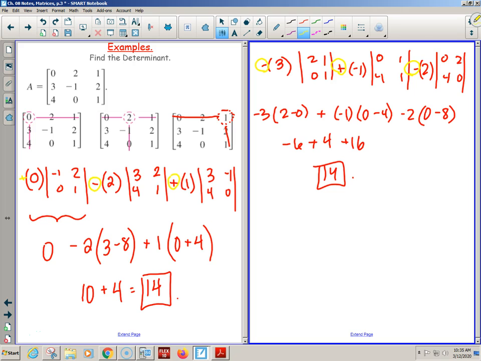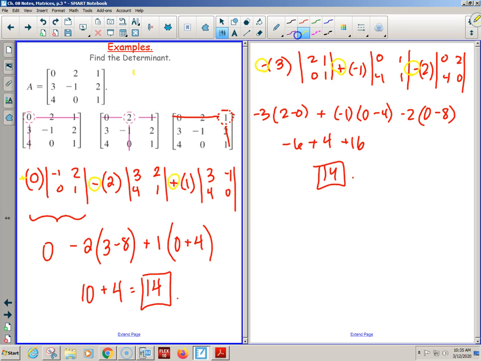There's some pattern working behind the scenes that you might not have realized, above and beyond the choosing of the entry and the finding of the determinant. So check it. When I was bringing down the 0, I put a positive. When I was bringing down the second entry, I put a negative. When I was bringing down the 1, I brought a positive.